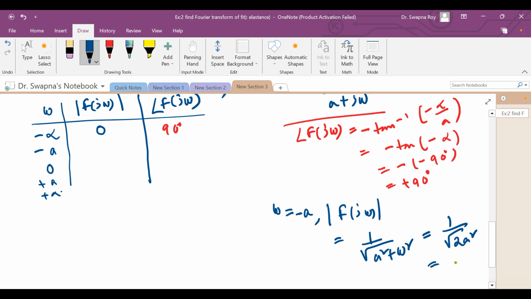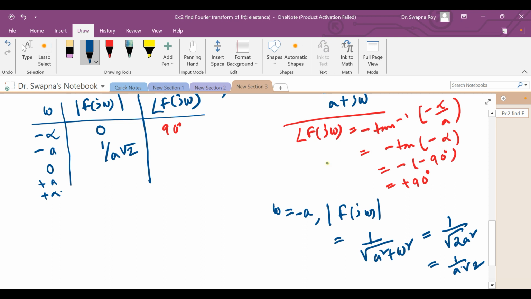So this is 1 upon a root 2. And at this time omega is equal to minus a, so the a's cancel, giving minus 1.